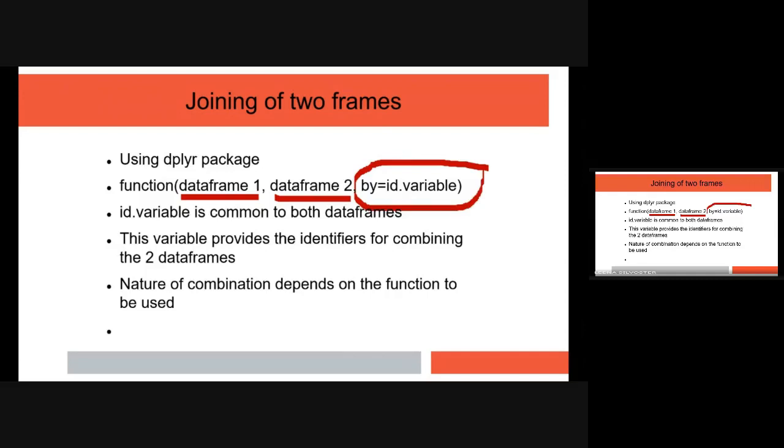In the function, first you have to specify two data frames, data frame 1 and data frame 2, and by equal to id dot variable. That means id dot variable is the common column to both data frames, data frame 1 and data frame 2. So this is a common element for combining two data frames.